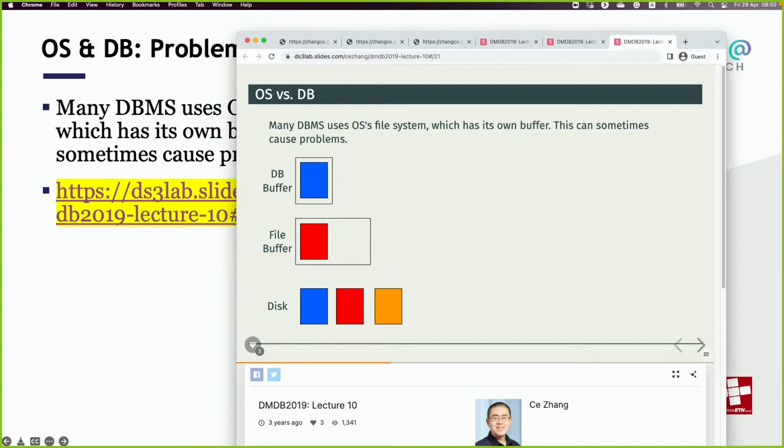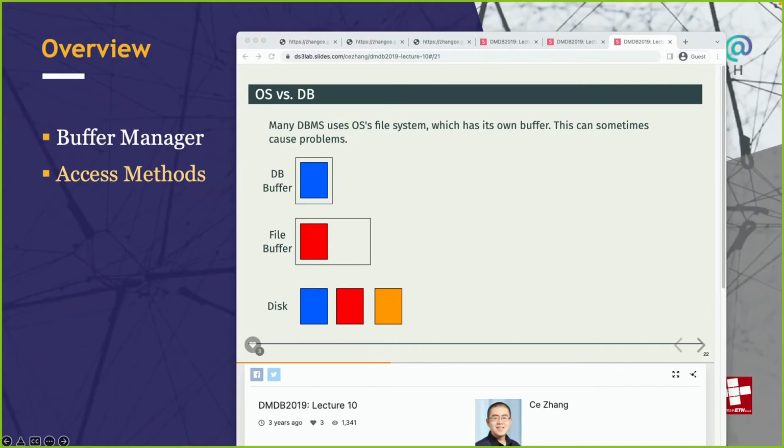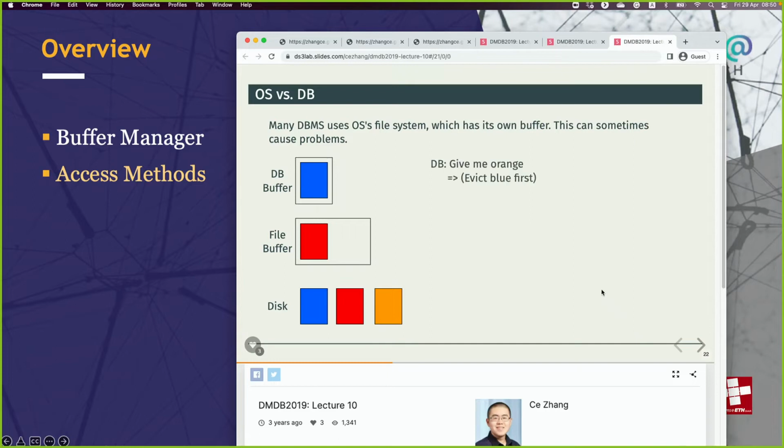So assuming the thing that you want to do is to say, okay, I want the orange page. That's what the database wants to do. In this case, it's going to tell the database buffer, not the file cache, so the database system doesn't have access to that, to say, okay, I want the orange page.